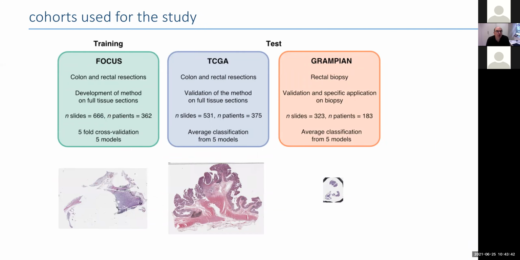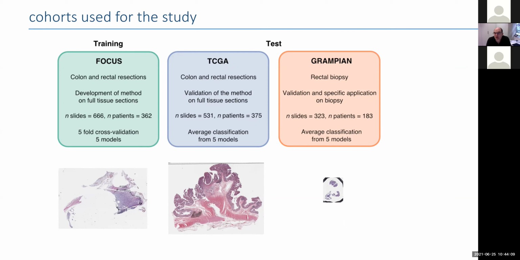Here we have 3 cohorts we are analyzing. We're using one for training, which is called FOCUS, around 360 patients. And then we have, of course, TCGA, which is publicly available to everybody else. That's 375 patients. And then we also have a local cohort of rectal biopsies.